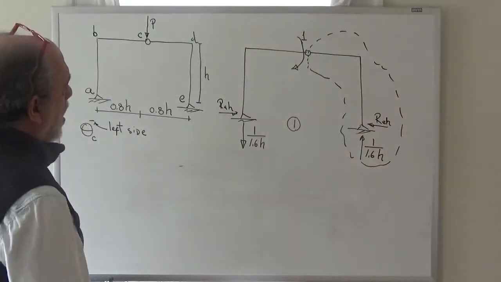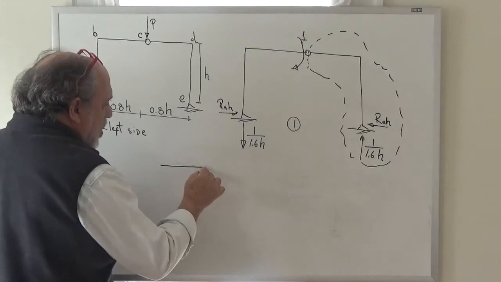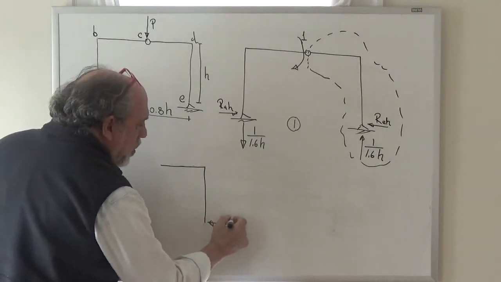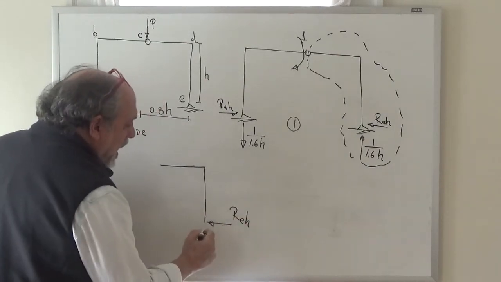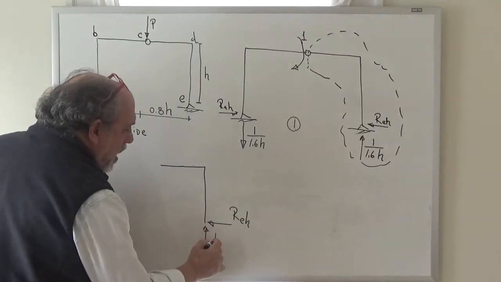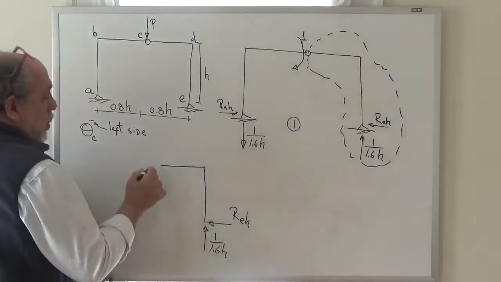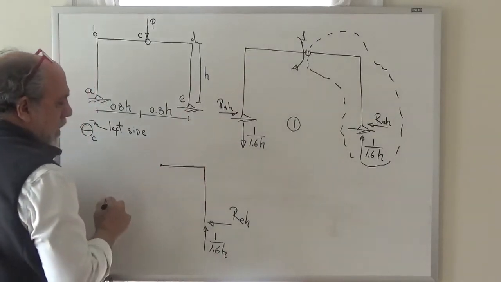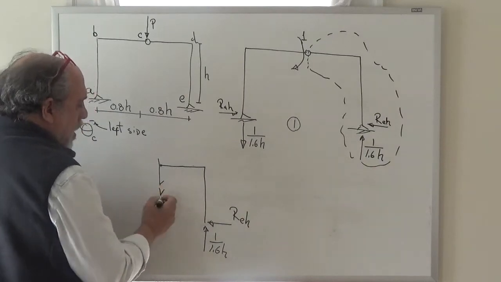So if we take a look at that bubble, we see something like this, right? With a reaction here that we don't know what it is, called RE horizontal, and a vertical reaction here of 1 divided by 1.6 H. Now, we've cut through the hinge here, therefore there is no moment, but there could be, of course, a shear, which we can call V1.